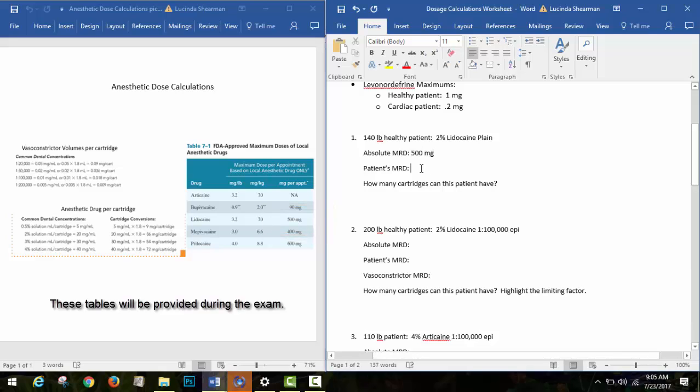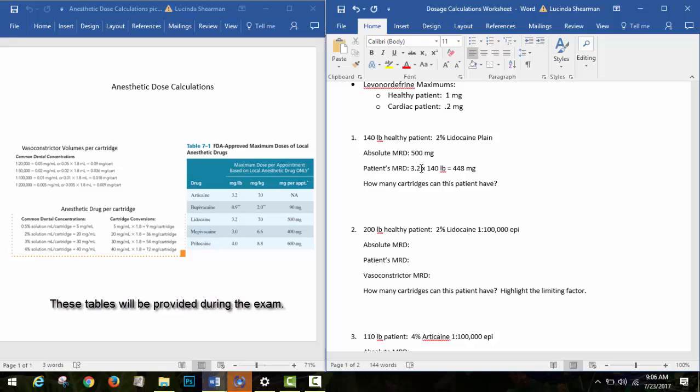To determine the patient's MRD based on body weight, it will be 3.2 times their body weight of 140 pounds, which equals 448 milligrams. Comparing these two, the absolute MRD is 500, the patient's MRD is 448. 448 is the one that you go with because it's the lowest. It's the first MRD that is met, so that's the one that you go with.